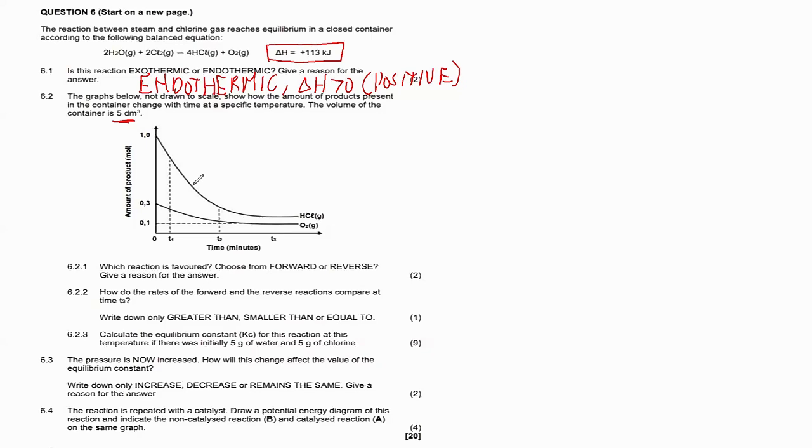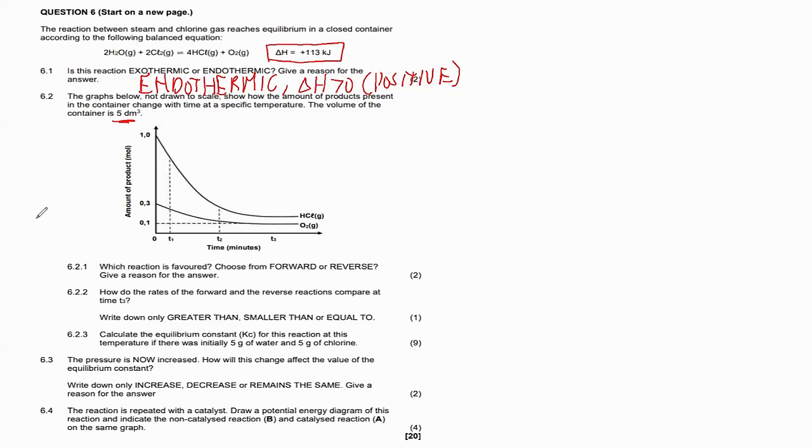So in a reaction, if we find the amount of products decreasing, then this tells us that the reverse reaction is favored. But if we find the amount of products increasing, then this tells us that the forward reaction is the one that is being favored, right?